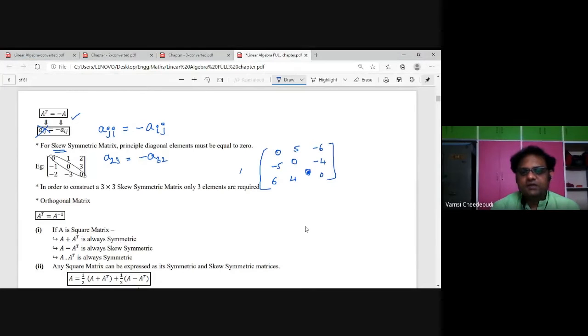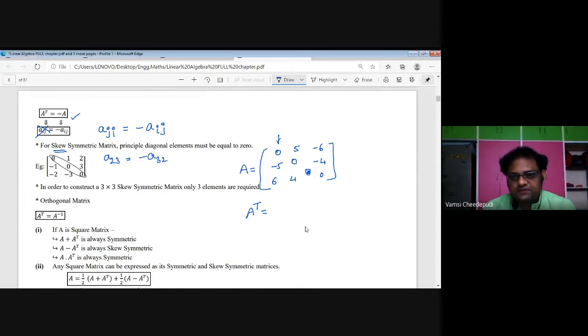Now this is my matrix A, and let me take the transpose of this. Sir, what is A transpose? A transpose: the first column should become the first row, 0, minus 5, 6. And 5, the second column I am writing. The second column should become the second row, 5, 0, 4.